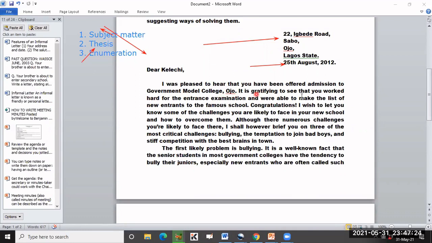It is gratifying to see that you worked hard for the entrance examination and were able to make the list of new entrants to the school. Congratulations. So here you have actually tackled the subject matter. The issue of the subject matter is taken care of here.